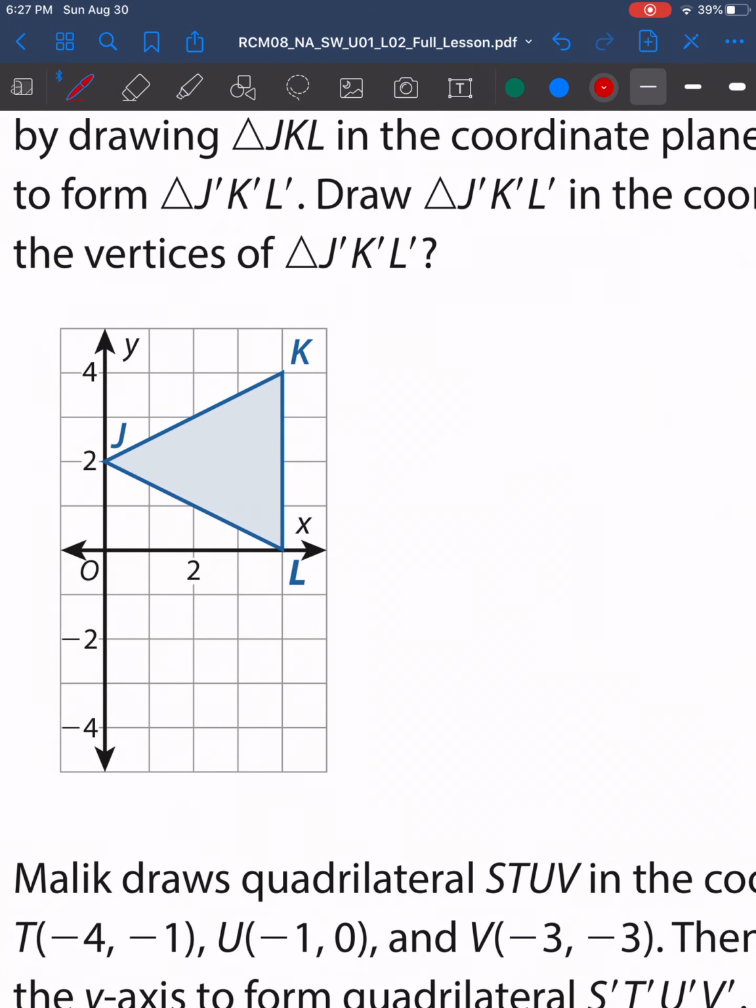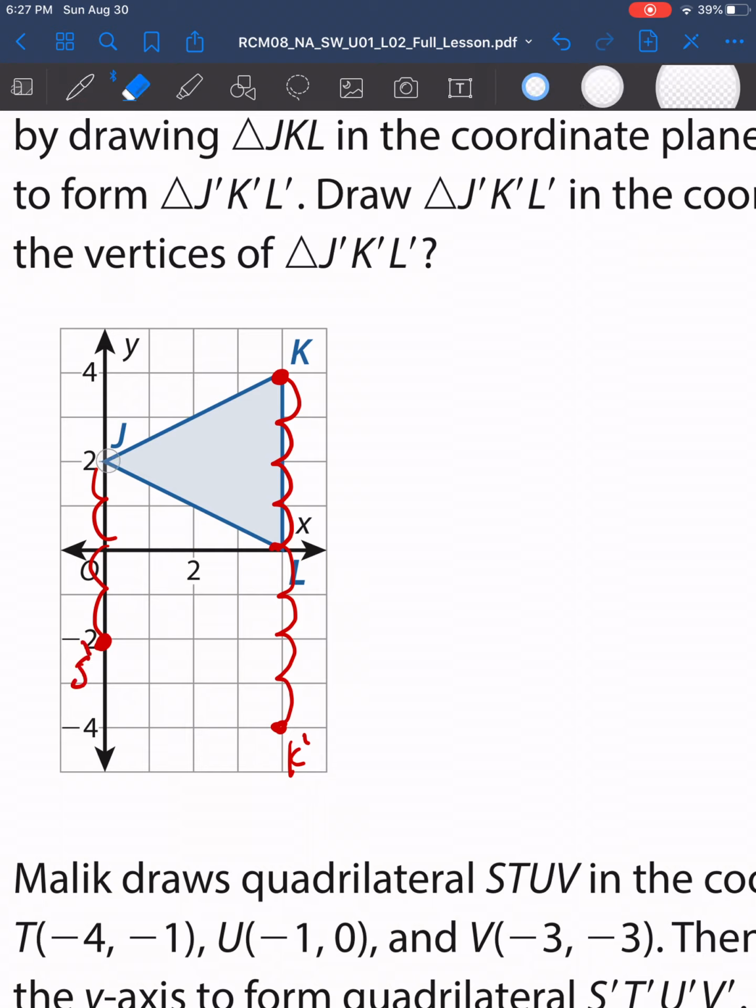I'm going to count the vertices, 1, 2, 1, 2. See how we are reflecting across the x-axis? So let's do K, 1, 2, 3, 4, 1, 2, 3, 4. So that is K prime. Sorry, I didn't label this one. This is J prime. Now look at L for a second. Let me erase my jumps.